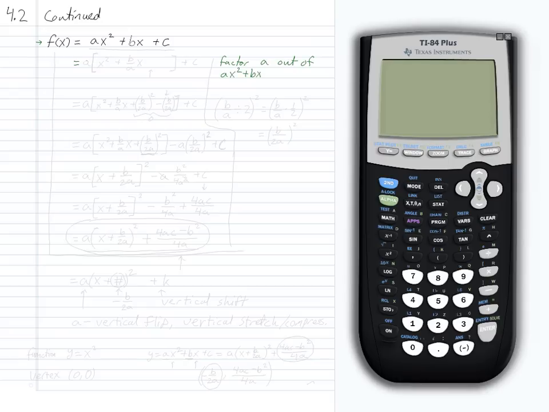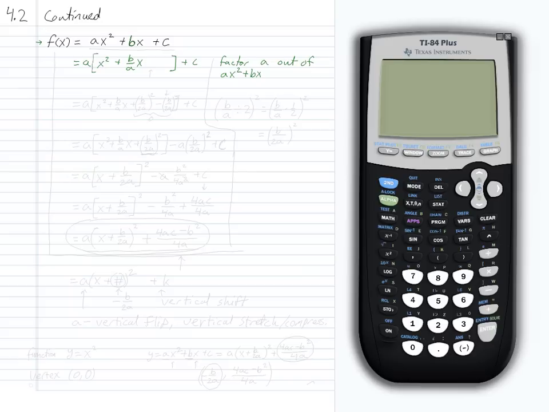So to do that, I'll bring a out. When I factor a out of ax squared, I'm left with x squared. When I factor a out of b, I'm left with something a little strange. I'm left with b, and I have to divide by a to compensate. Okay. So now I'm going to complete the square.